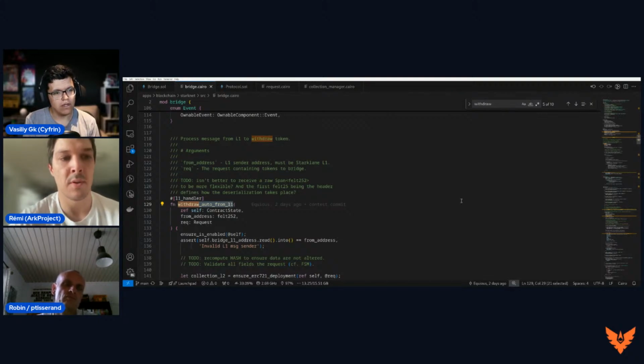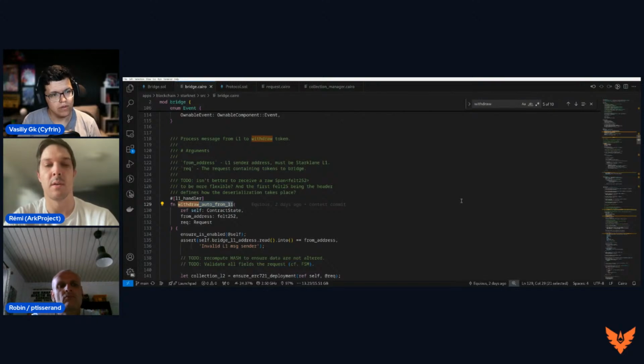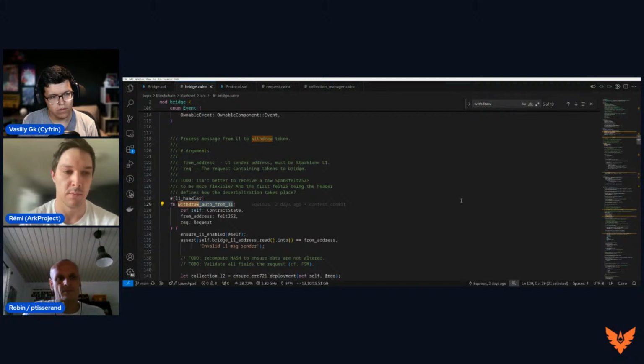Yeah, in my opinion, the audit should focus on several critical aspects. First is the security of the NFT locking and unlocking mechanism. Second is the integrity of the messaging process, I think, and potential vulnerabilities related to the Starknet/Cairo specificities, and also the minting process on both networks.